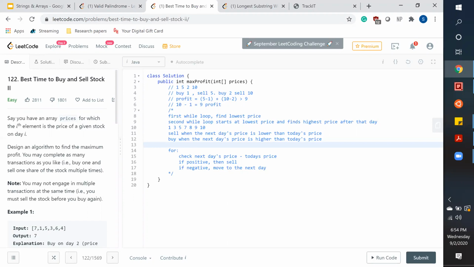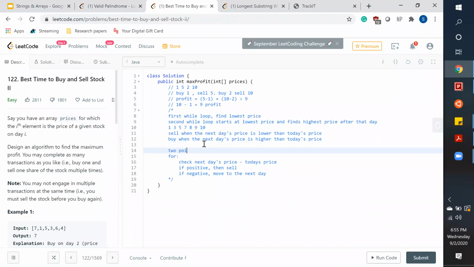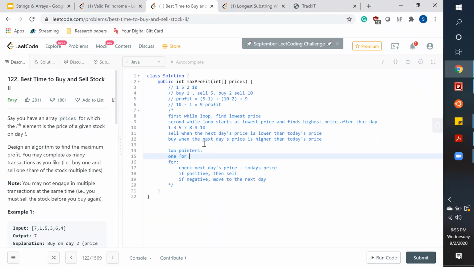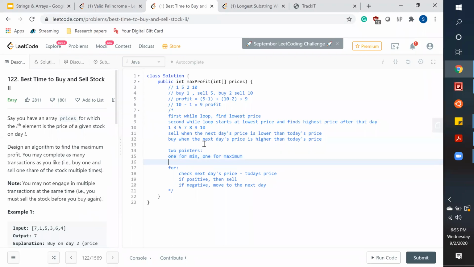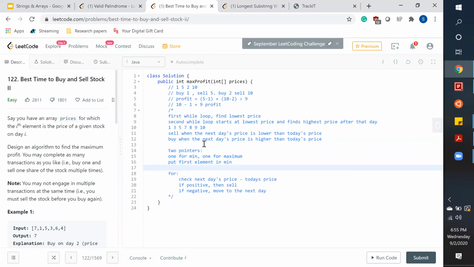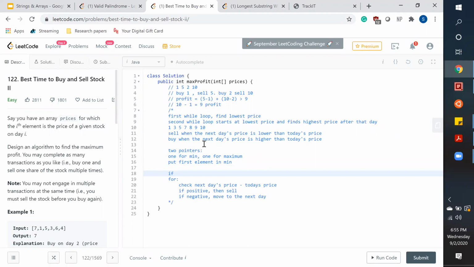We can iterate from the start to the end, and we can put a value in the minimum, like the first element is right now the minimum, and if the next value decreases, then we'll set it as the minimum value, and when we see an increase, then we can increase the maximum pointer to the maximum value.